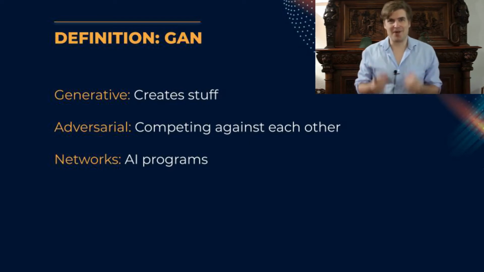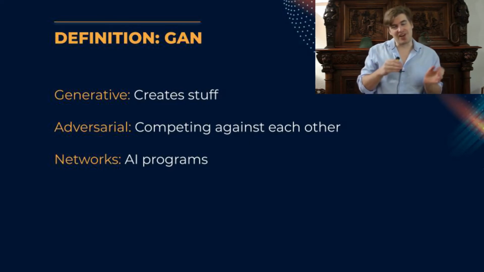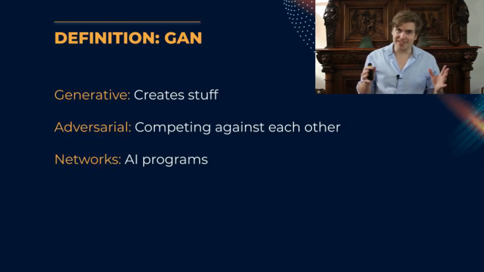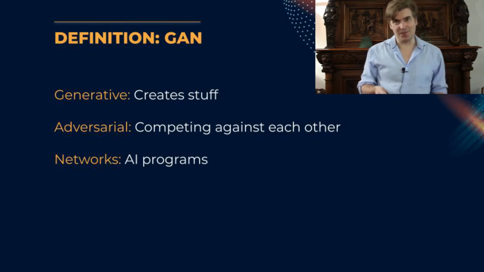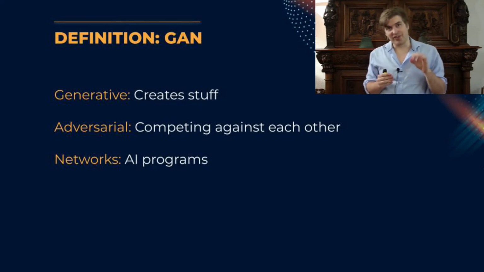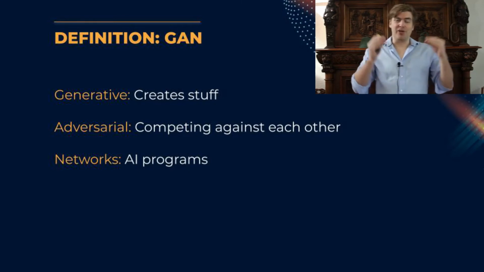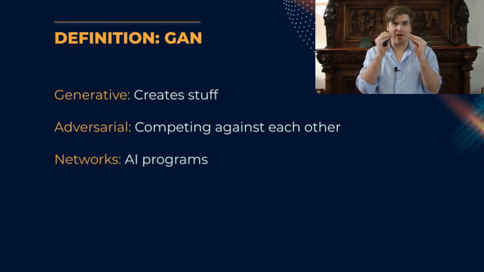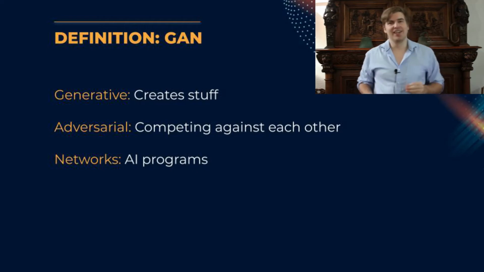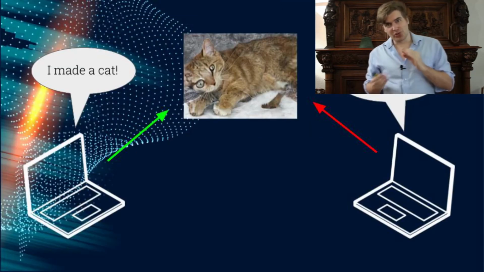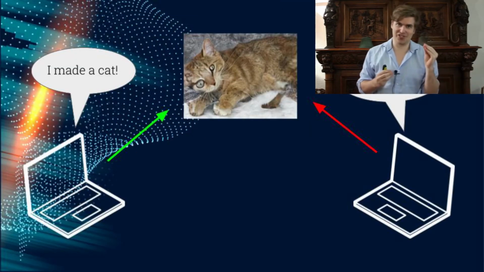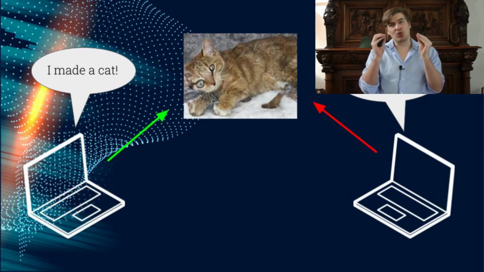Okay, so let's define GAN. Generative, as we talked about before, means it creates stuff, just like with GPT-2. Adversarial and network means you have two different neural networks fighting against each other. They are adversaries and they are competing. So how this works is one neural network is creating images and the other neural network is criticizing them.